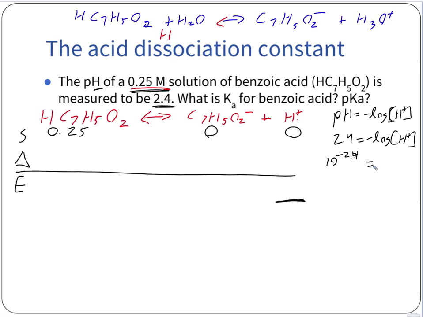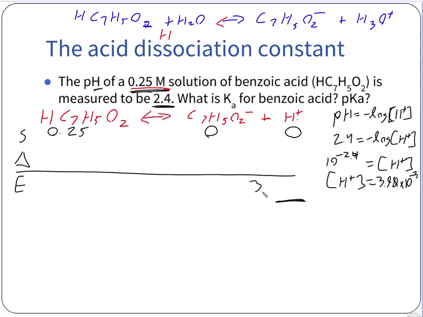Doing that, 10 to the negative 2.4 power ends up being 3.981 times 10 to the negative third molar. So we do know the final concentration of one of these.